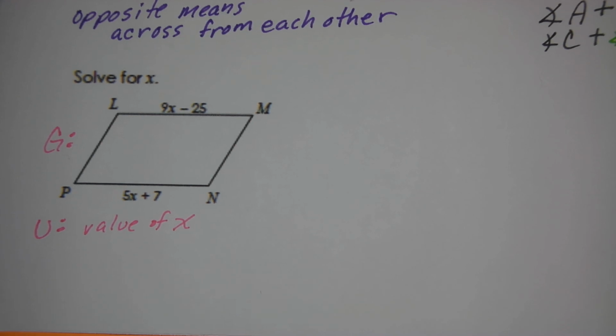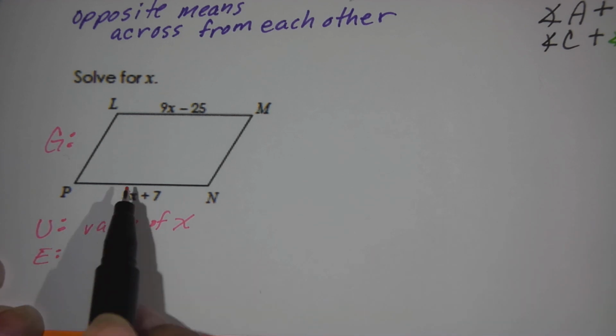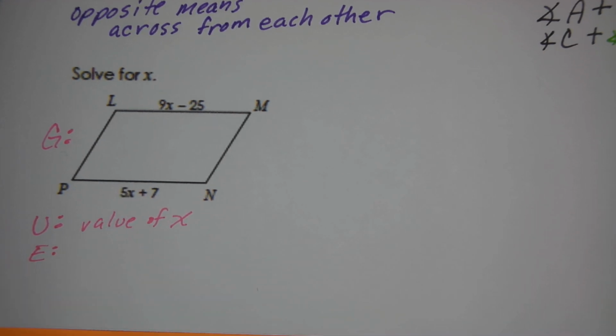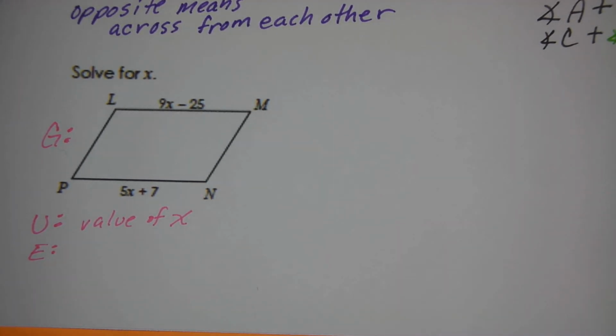Our equation is going to come from our picture. So our equation is going to be given somewhere in our little figure right here. So what's one thing we know about these two sides? Hopefully you remember that the two sides are congruent.